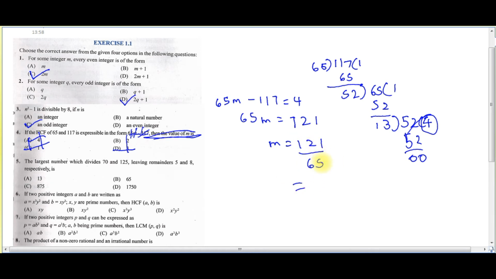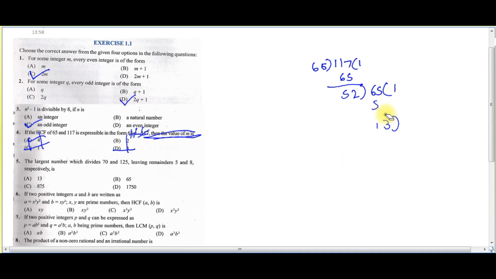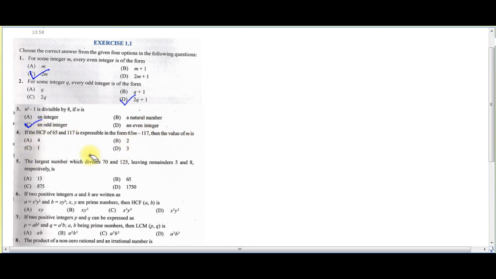It's not even possible. If you multiply this by 2 and that by 2, you get 242 and 130, which are nowhere equal. So guys, the question is actually wrong. Just find the HCF as given, and that's all fine, because the question is wrong and we can't do anything about it.